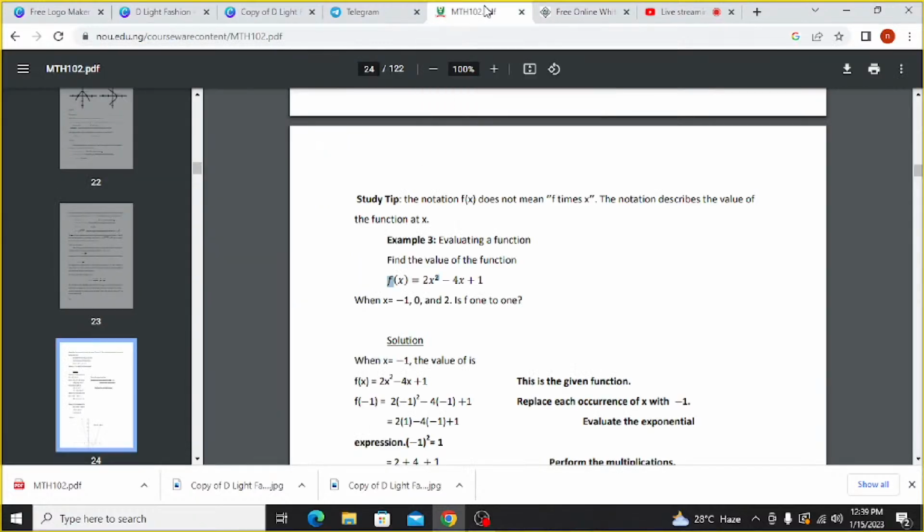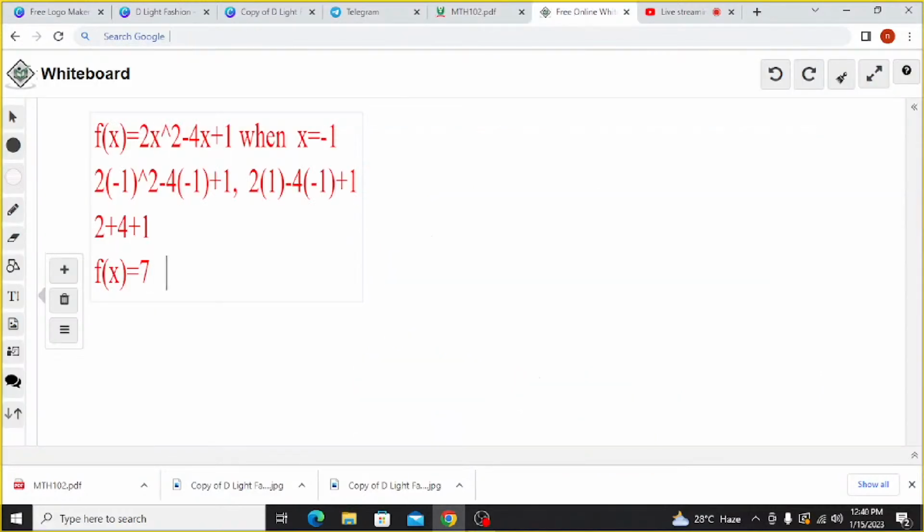Now let us use the second one. Our x is now equal to 0. So when x equal to 0, what is our value?